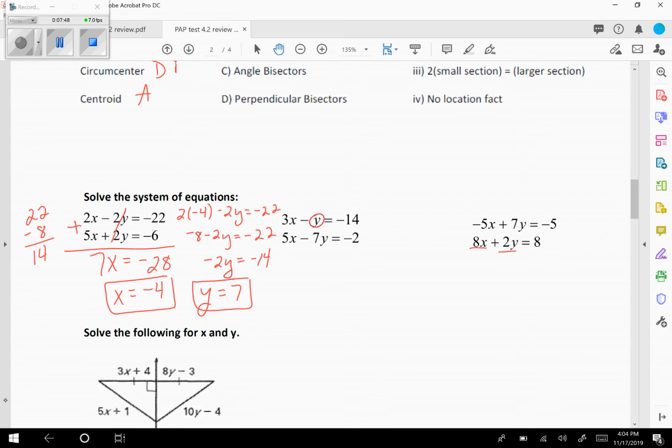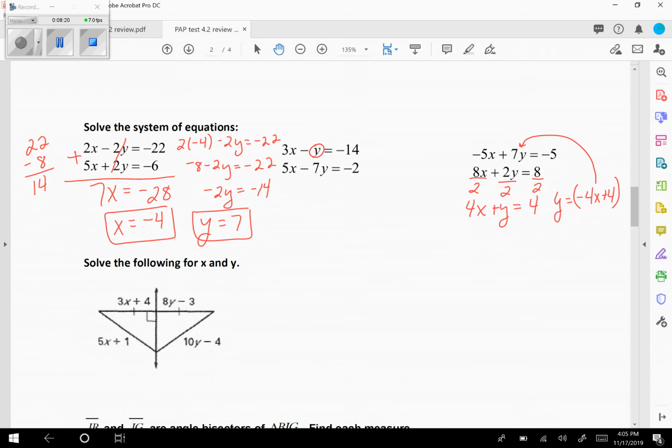So if we divide everything by 2, then we have 4x plus y equals 4. And now you can solve this for y and plug it back into your first equation, so you can do substitution. So you'll get y equals negative 4x plus 4, and then wherever you see y, you're going to plug this in right there. Then you'll solve for x and then just plug back in for y.